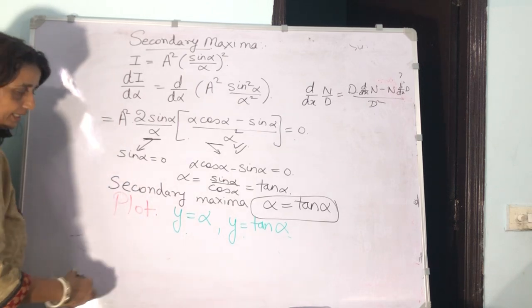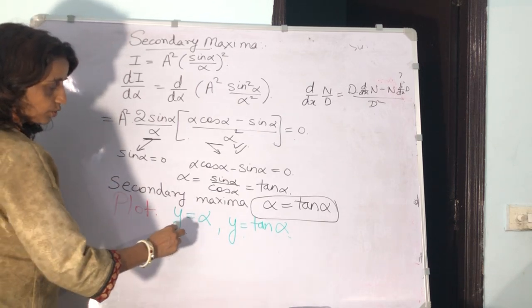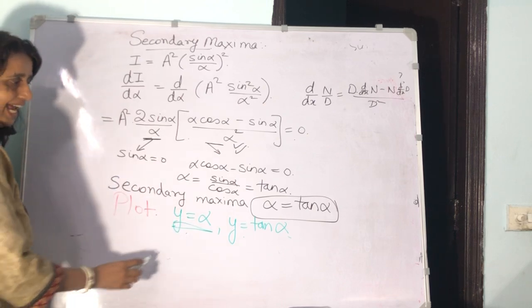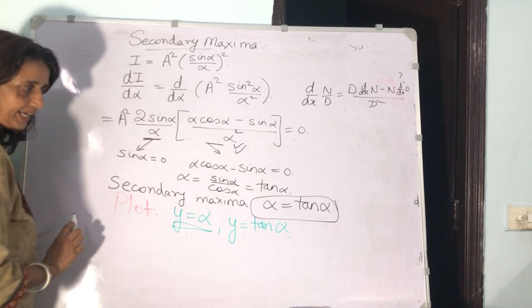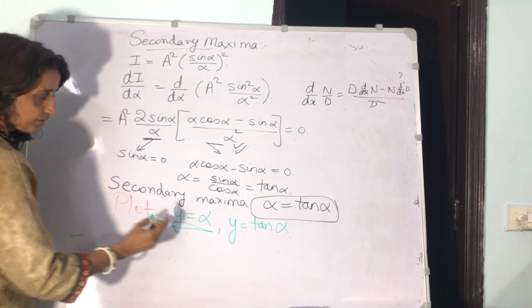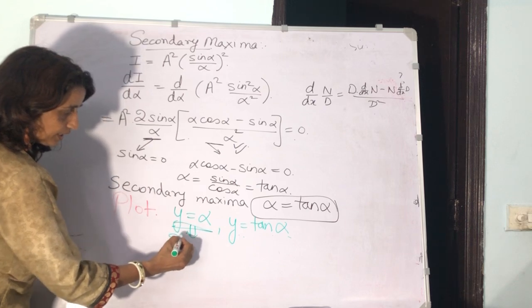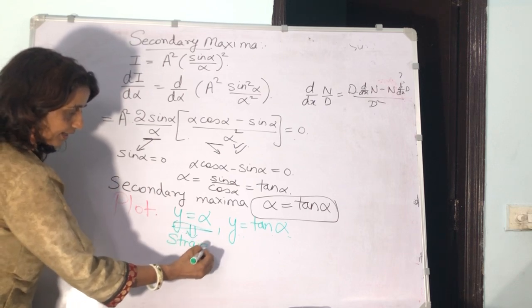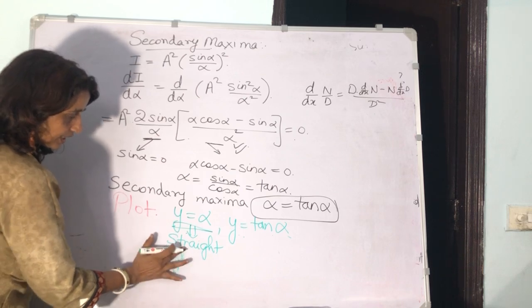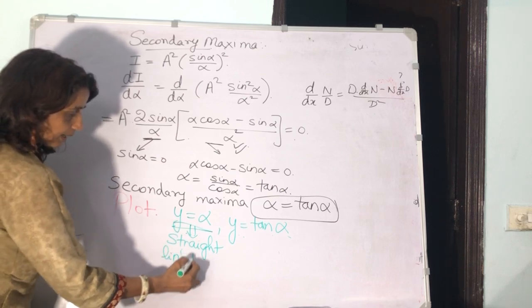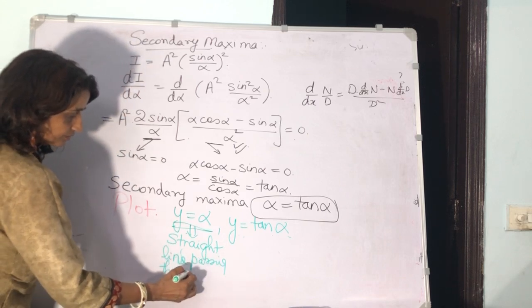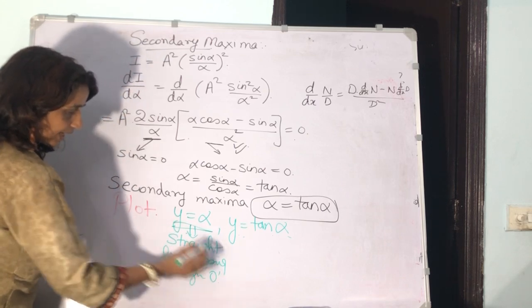So let us begin. y equal to alpha will be a straight line passing through the origin, and y equal to tan alpha will be a plot consisting of the tangent curve.